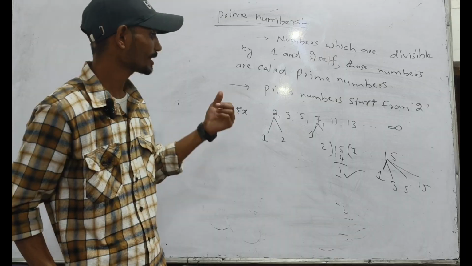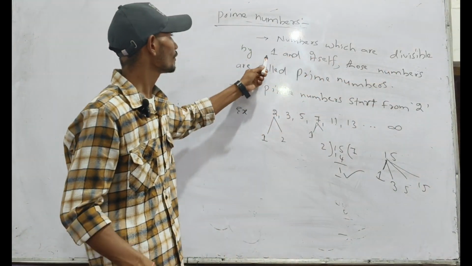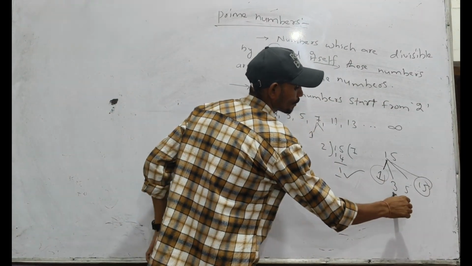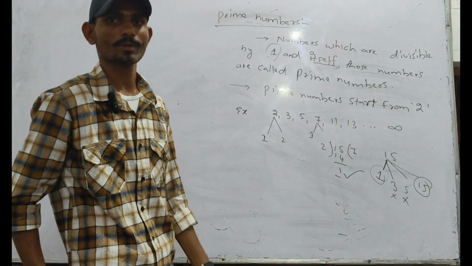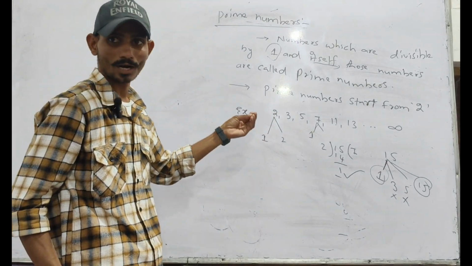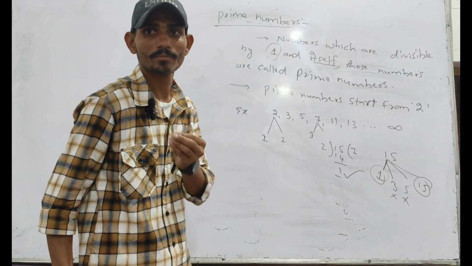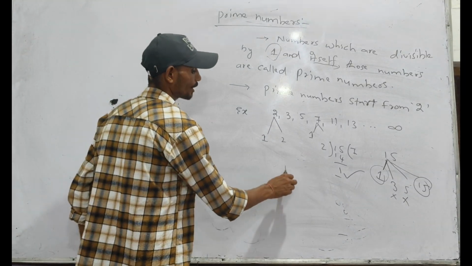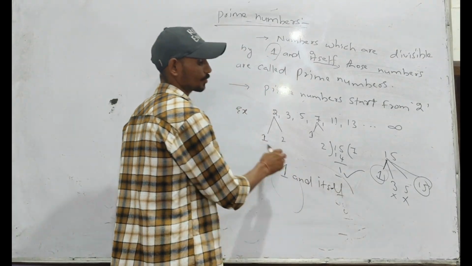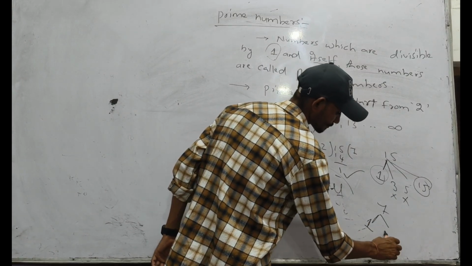But what is the difference between prime numbers and odd numbers? Prime numbers are divisible by 1 and itself, not divisible by other numbers. Itself means that number only. Now 7 is divisible by only 1 and 7.